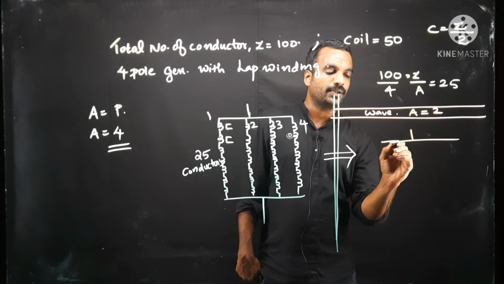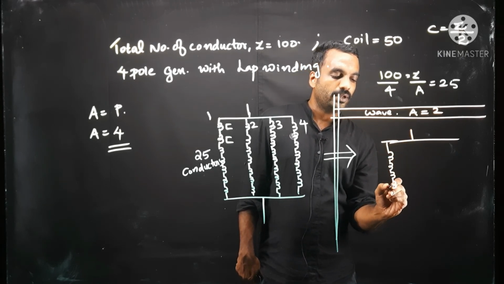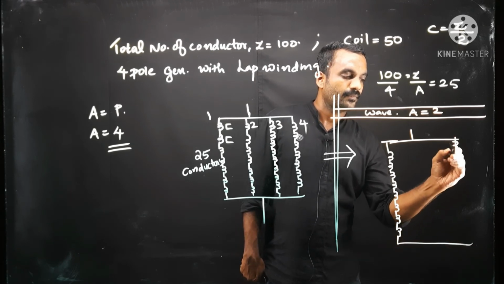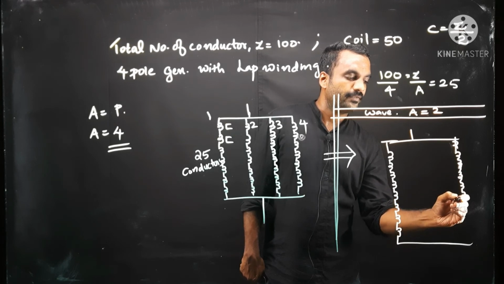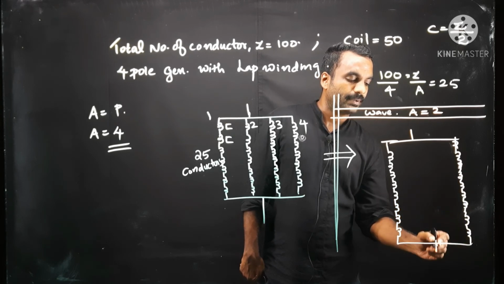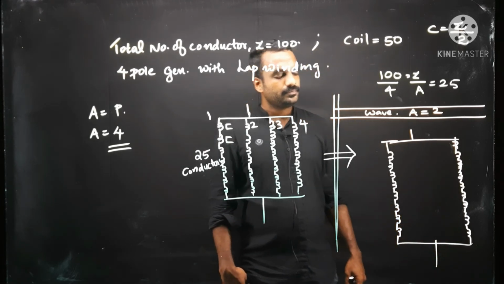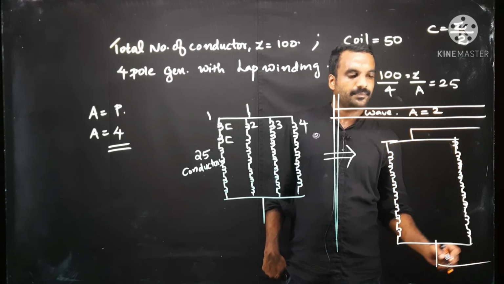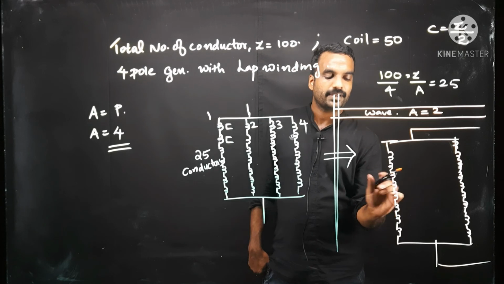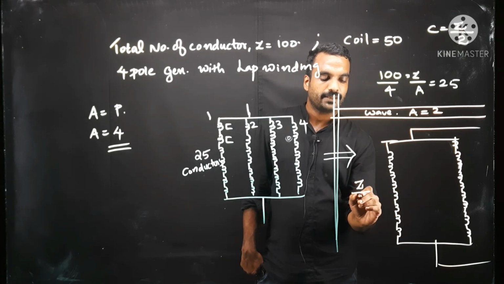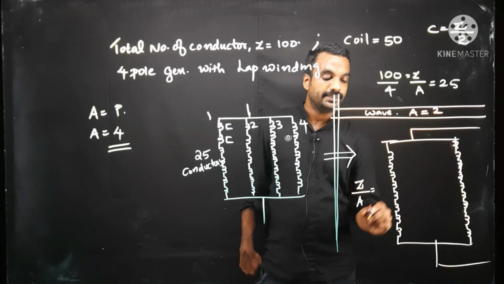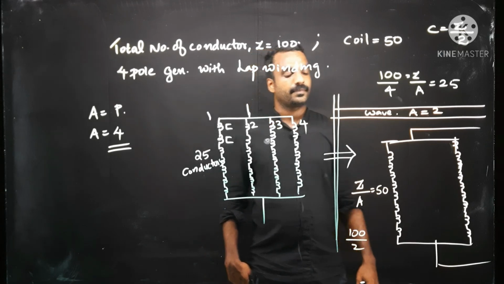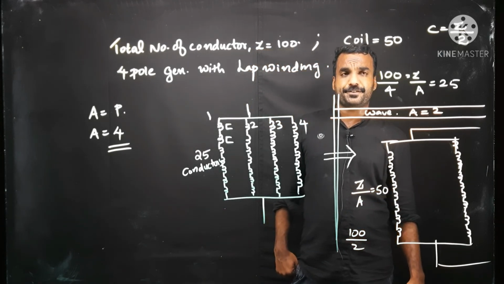So the net equivalent circuit will have only 2 parallel paths. Is it clear? So, what will the conductors per parallel path be? Conductors per parallel path is, in this case, 100 by 2. This is 50. 50 conductors will be in each parallel path.